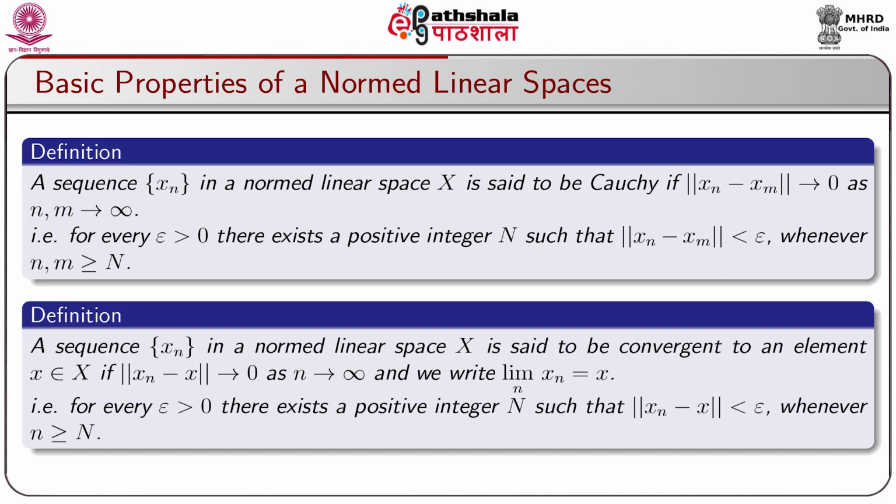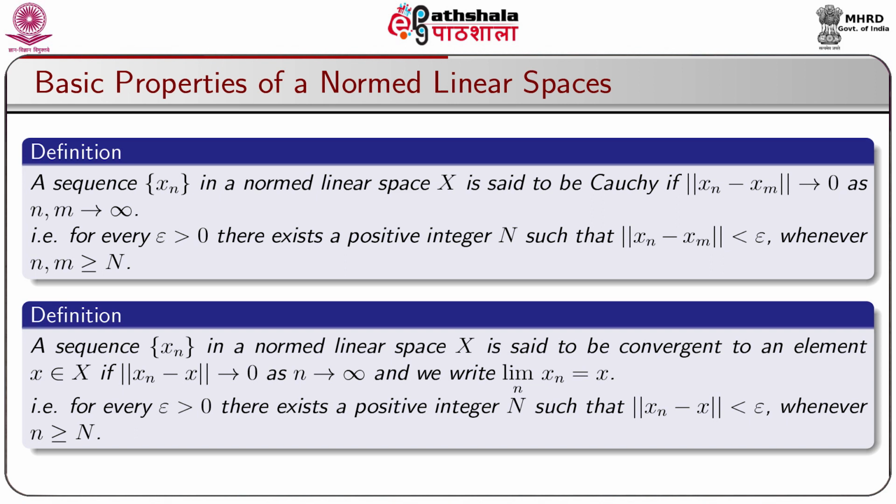So, in a normed linear space, the equivalent concept of Cauchy is that for every epsilon greater than 0, there exists a positive integer N such that norm of xn minus xm is less than epsilon whenever n, m are greater than or equal to N.